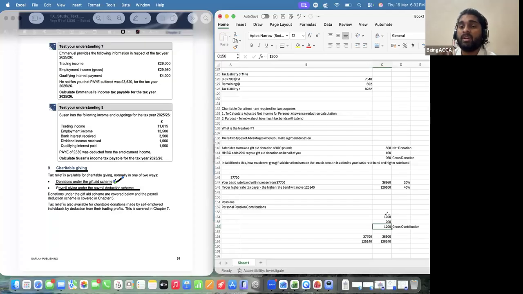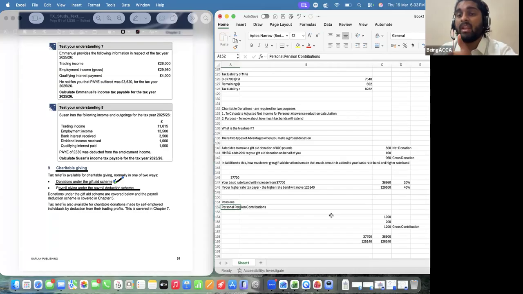Always remember, if the question clearly says the gross contributions were a certain amount, then it is this amount. You do not have to add the 20 percent. If it does not say that, then to whatever your contribution is, you will have to add 20% in order to get to the gross contribution. But this is about personal pension contributions.